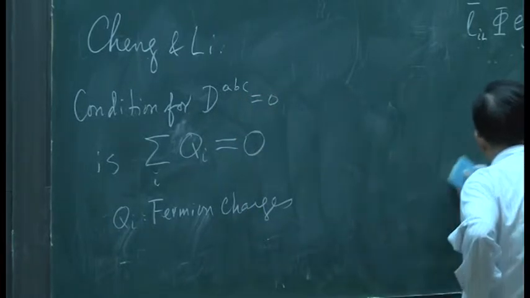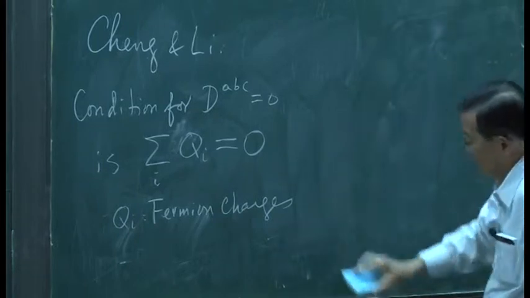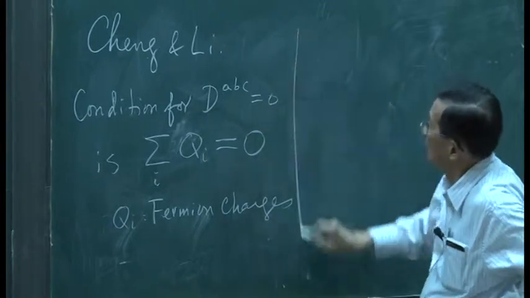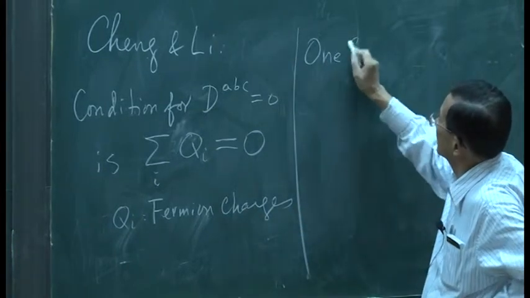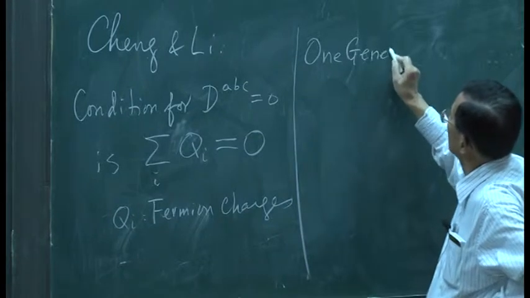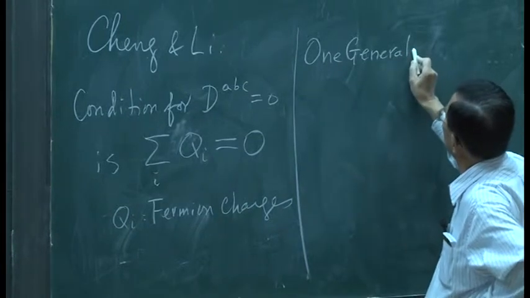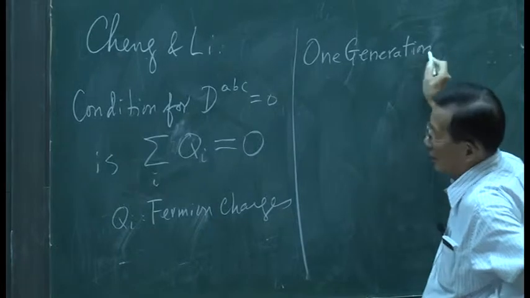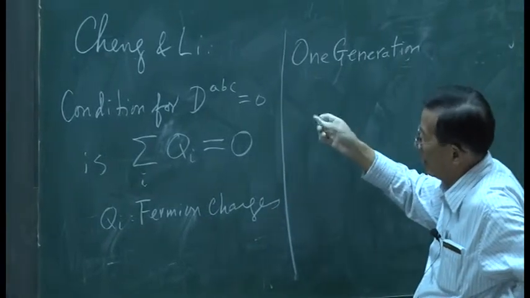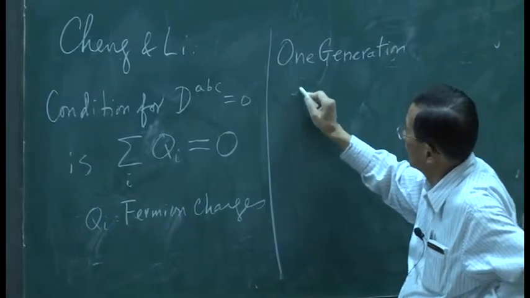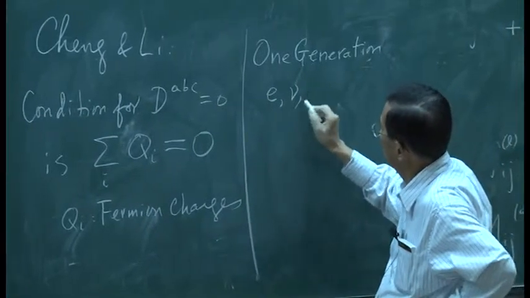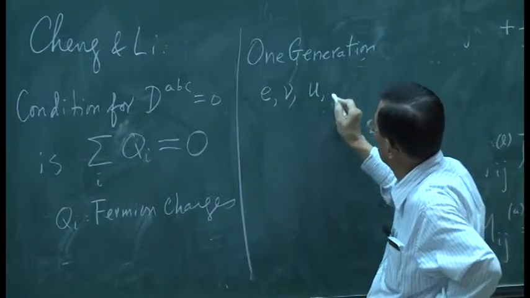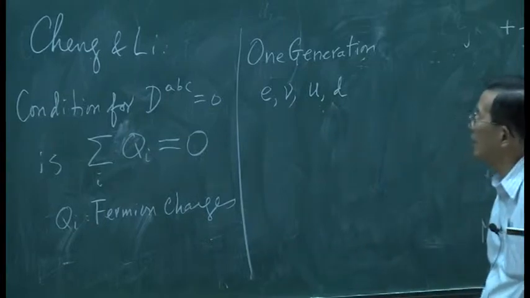Let's take one generation as an example. Then we have electron, neutrino, up quark, and down quark, right?